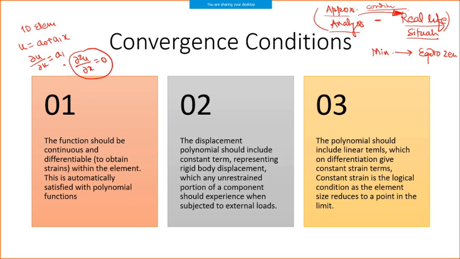If I go for higher and higher order differentiation, what is going to happen? My derivative becomes zero, which is not acceptable, and that is what is called discontinuous. This type of discontinuous function will not be very helpful when you want to satisfy higher order conditions, so your function should be continuous enough.